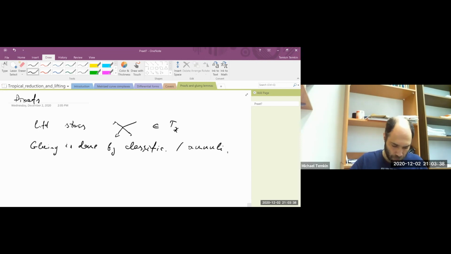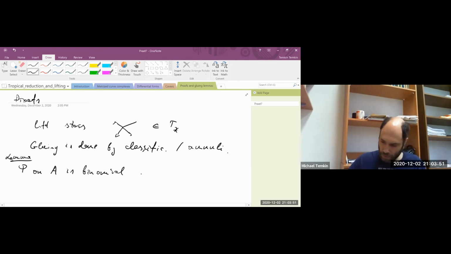And here I mean the following. A differential form on an annulus A is binomial. So this is the gluing lemma, the main lemma. That is, phi equals a0 dt over t plus an t^n dt over t.